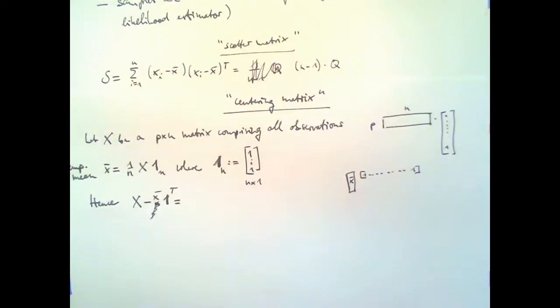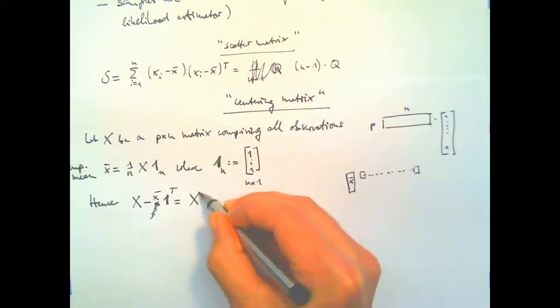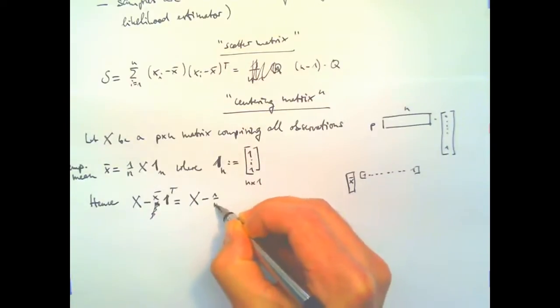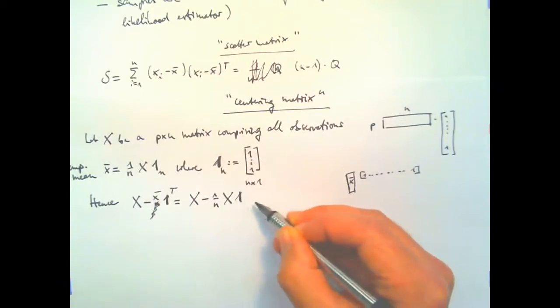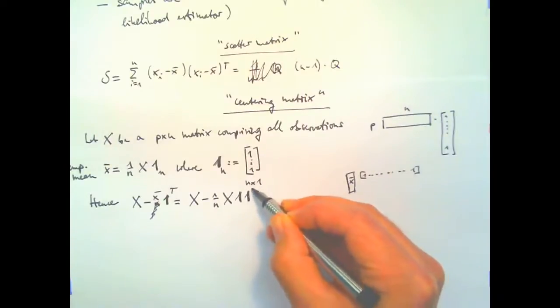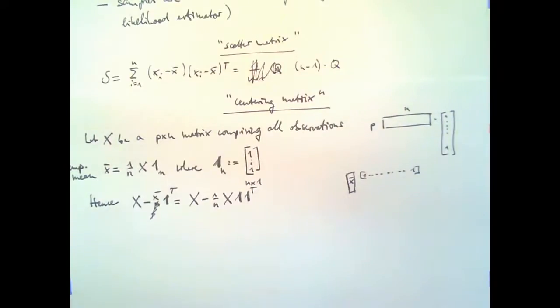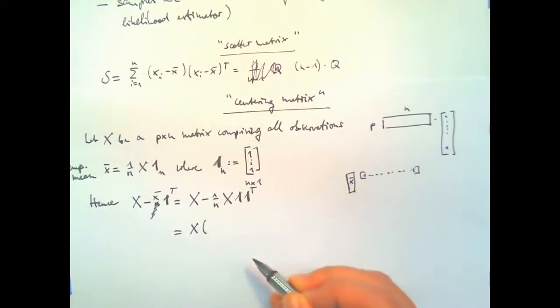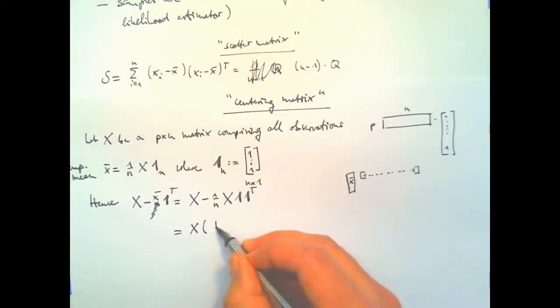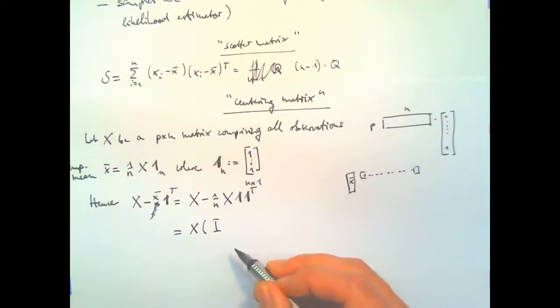Okay, and inserting again here the calculation for x bar, I find the following. And you see that we have X appearing twice, so I can take that as a multiplier and write the following. I is the identity matrix.